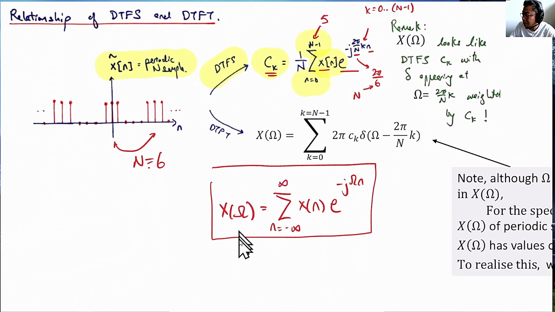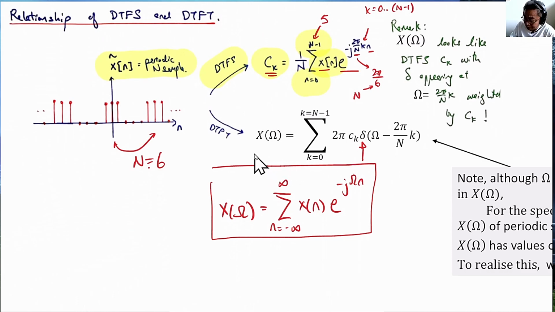So this sum will not converge for any omega, apparently. There's another way to calculate the DTFT, and that is the trick of using the delta function. When we use the delta function for the analysis, and then use a delta function again for the synthesis, you'll realize that it does work.